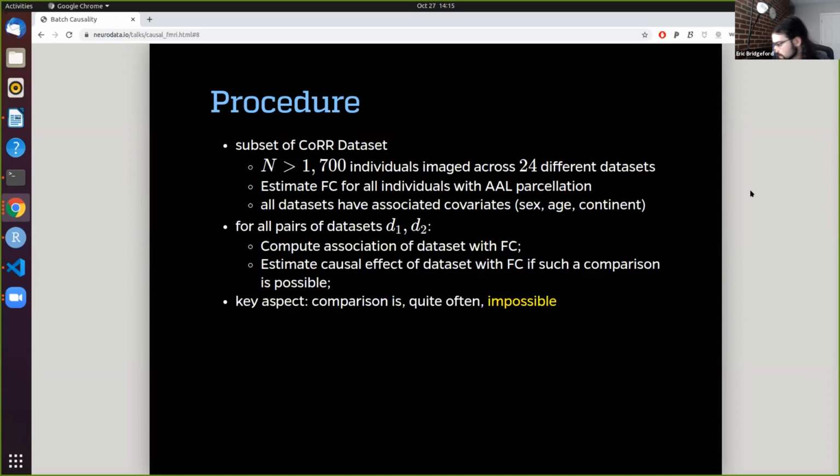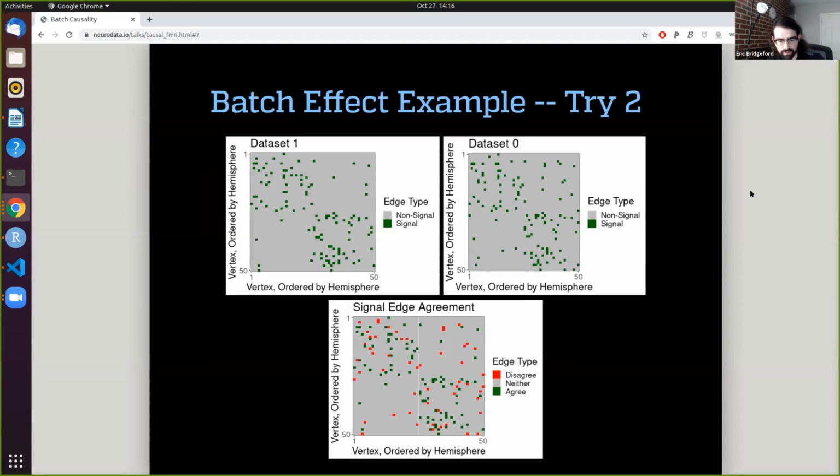Within the core data set, what tends to be the case is I think the overwhelming majority of the data sets are collected on similar MR machines in that I think most of them were Siemens and Philips, as well as using very similar scanning parameters. So that kind of made the fact that the batch effect was, I think it was present like 85% of the time.